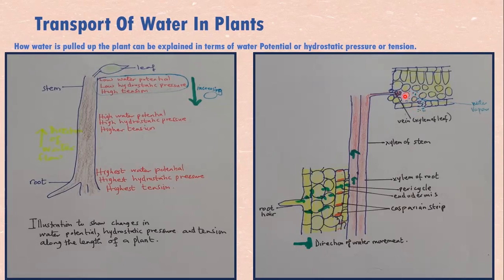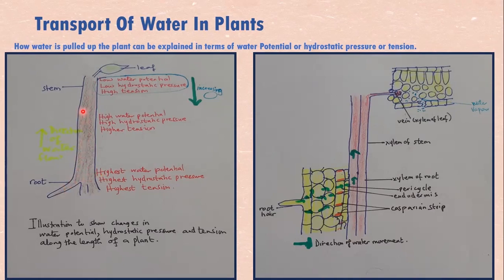And so water moves from regions of higher water potential to regions of low water potential. You see the water potential increases as you go down because the water is moving up. And there will be highest water potential in the roots.